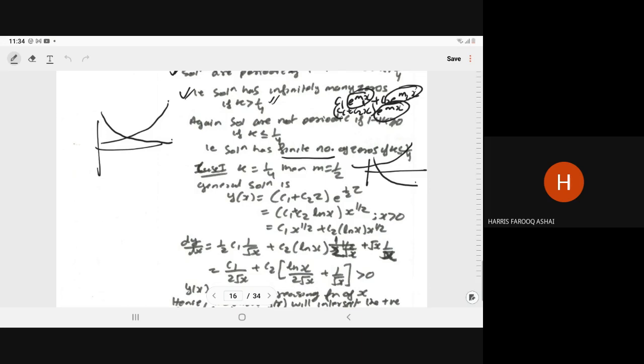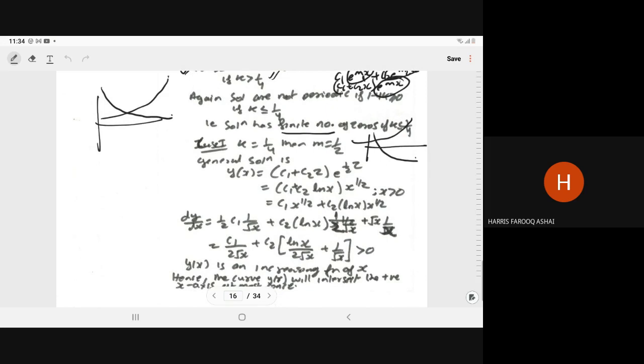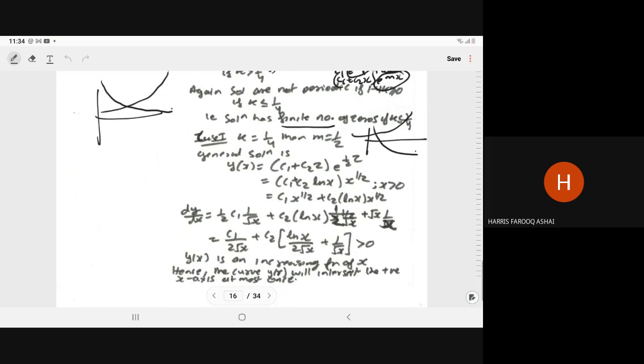For k equal to 1 by 4, we have this also. When k is equal to 1 by 4, then m is equal to half.